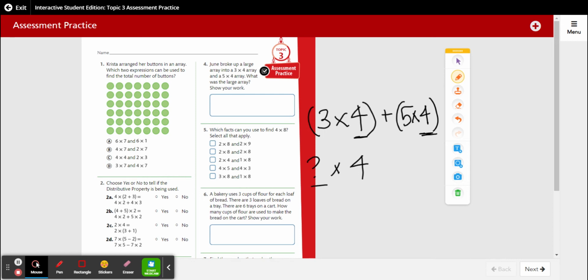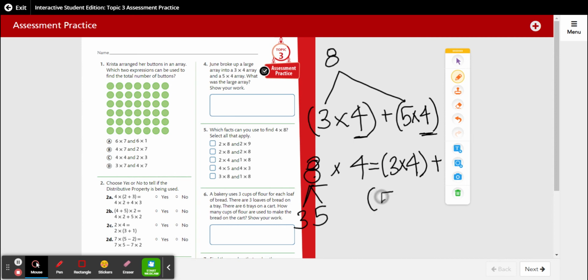Well, I look at the first factor in both equations. I add it together, come up with 8. So 8 times 4. Does that make sense? It sure does. So if we have an 8, we can break the 8 apart into a 3 and a 5. So 8 times 4 would then equal 3 times 4 plus 5 times 4.